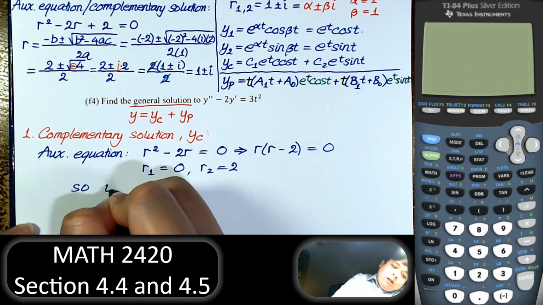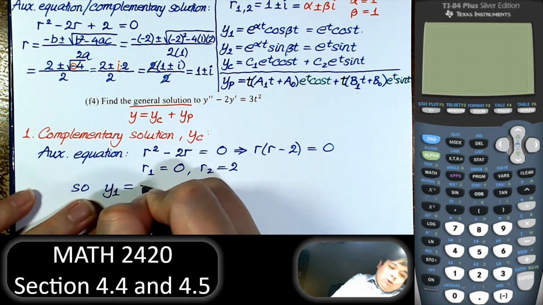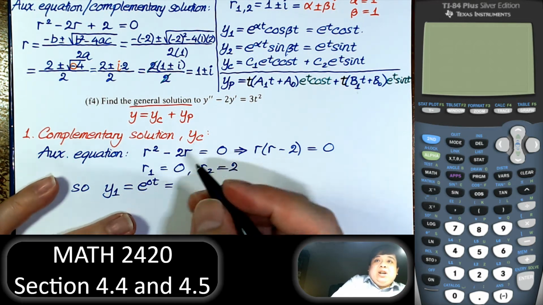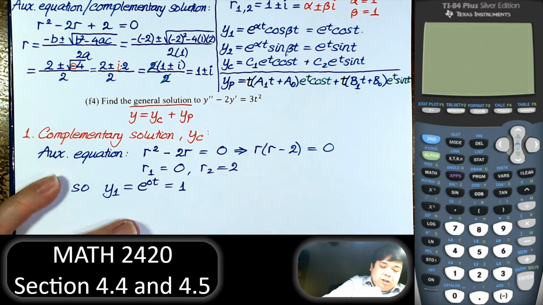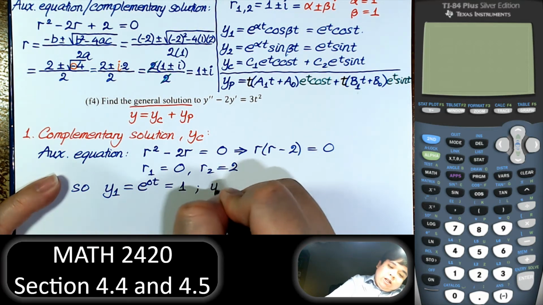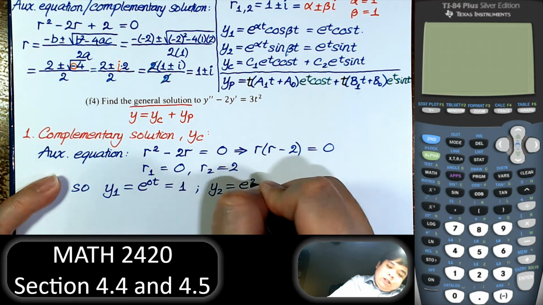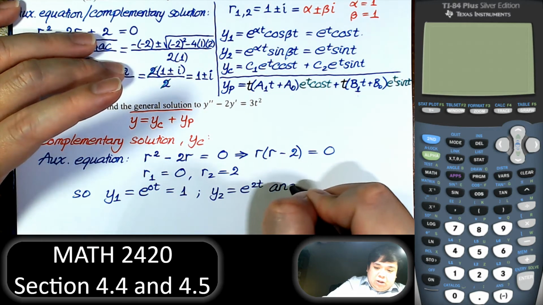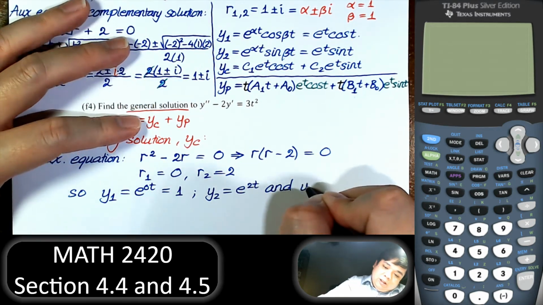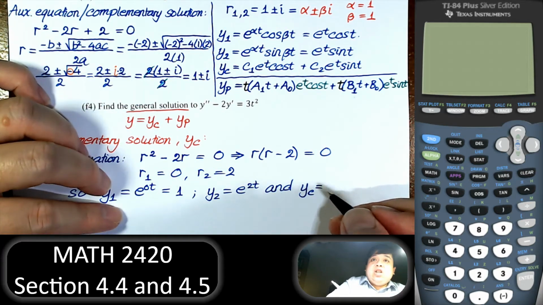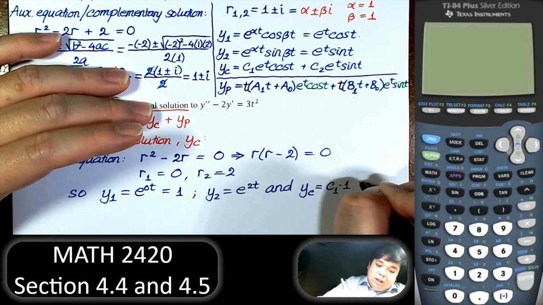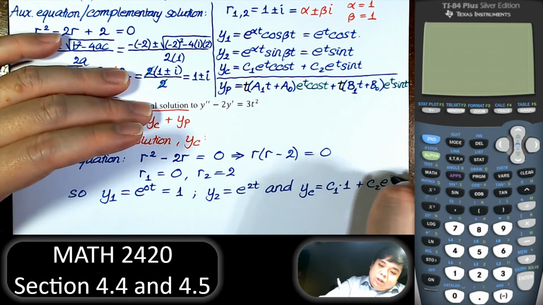So y1 is equal to e to the 0t, or anything raised to the 0 power is 1. y2 is e to the 2t, and the complementary solution is a linear combination of them, c1 times 1 plus c2 e to the 2t.